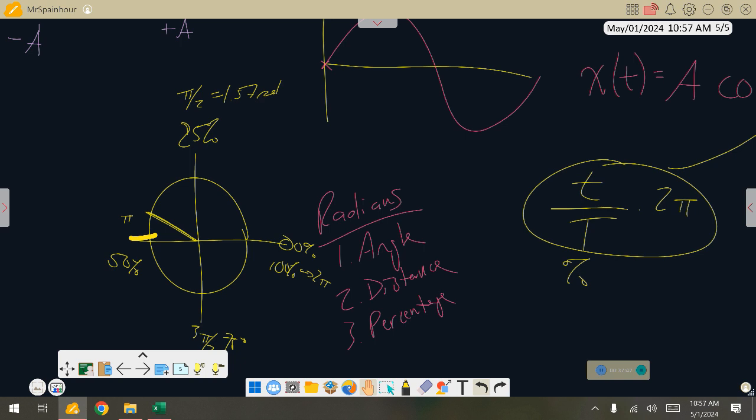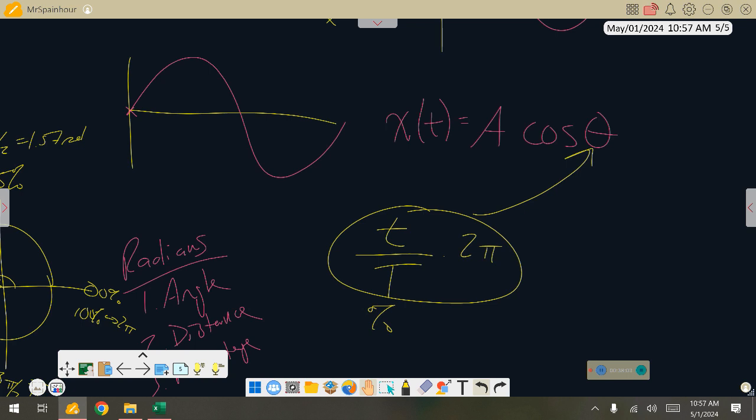Ish. I'm not doing perfectly. Is that line about 42% of the way through the cycle? Sorry, 38% of the way through the cycle? Yes. So all the angle is doing is giving you the appropriate angle that gives you the percentage. Does that make sense? So I want to be able to plug this whole mess into that right there.